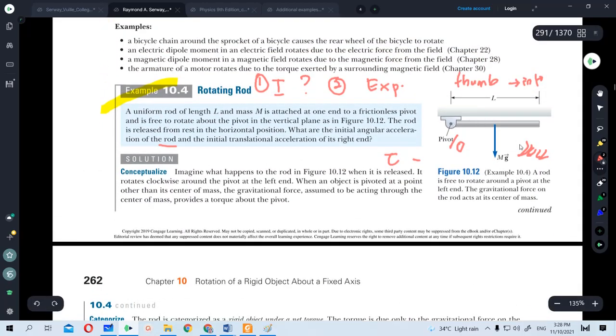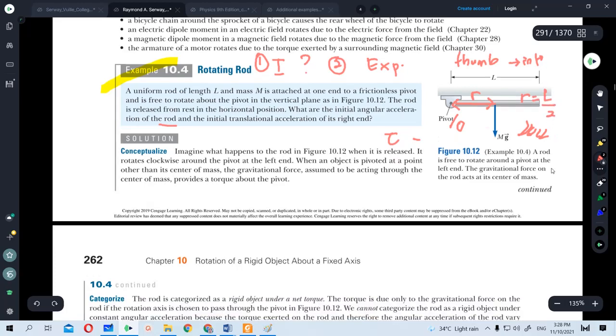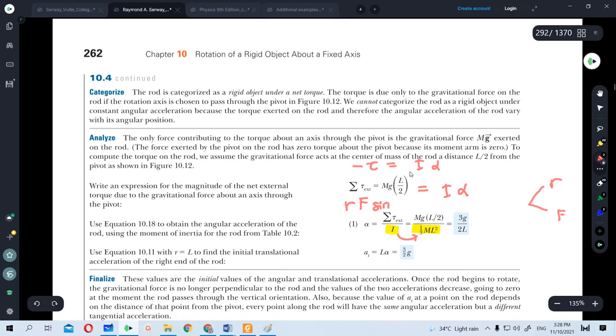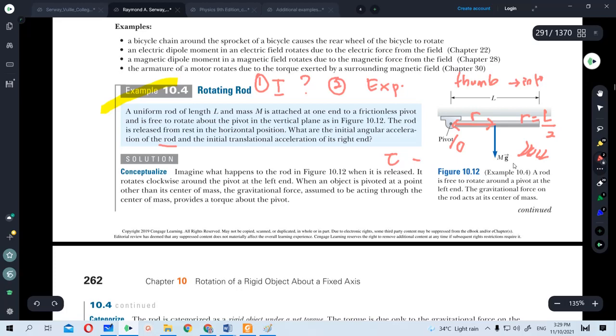We find this is our R value, which is half of the length. So half of the length is our R, and the angle between them is perpendicular, sine 90. So as you simplify, you find that R becomes L over 2, while the force is equivalent to M times G.